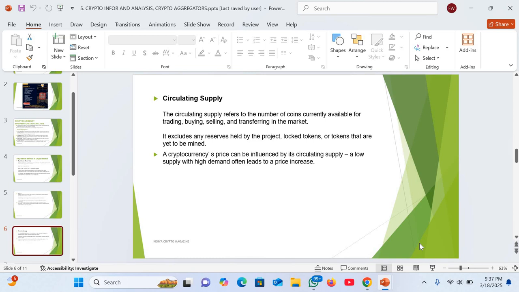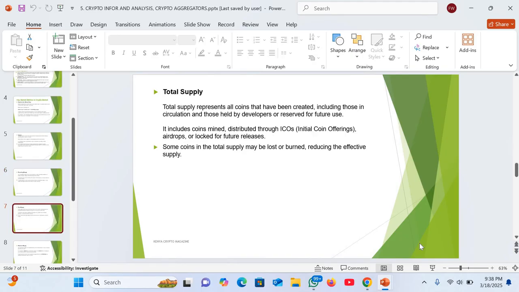Gold is a very scarce resource, and that is why gold, in terms of its intrinsic value, has very high value. Same thing when it comes to Bitcoin, the digital gold. It is very scarce, and that explains why it has more value as compared to other cryptocurrencies.